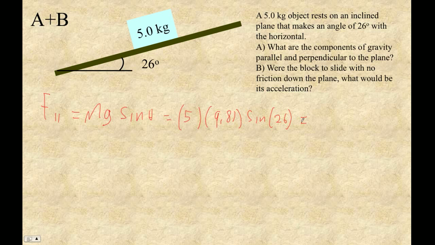This equals 21.502 newtons. Now we only have 2 sig figs, but I'll carry 5 sig figs just for fun, because we're advanced students after all.